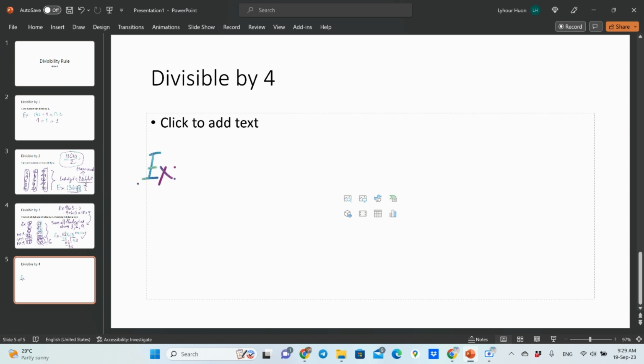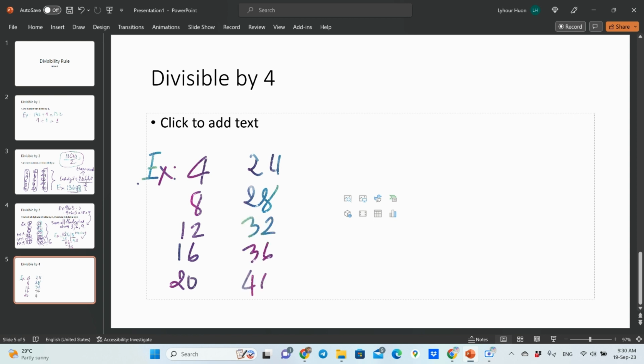It's the multiples of 4. So the multiples of 4 are 4, 8, 12, 16, 20, 24. All these numbers can be divisible by 4. 32, 36, 40, and then continue like 44 and so on.